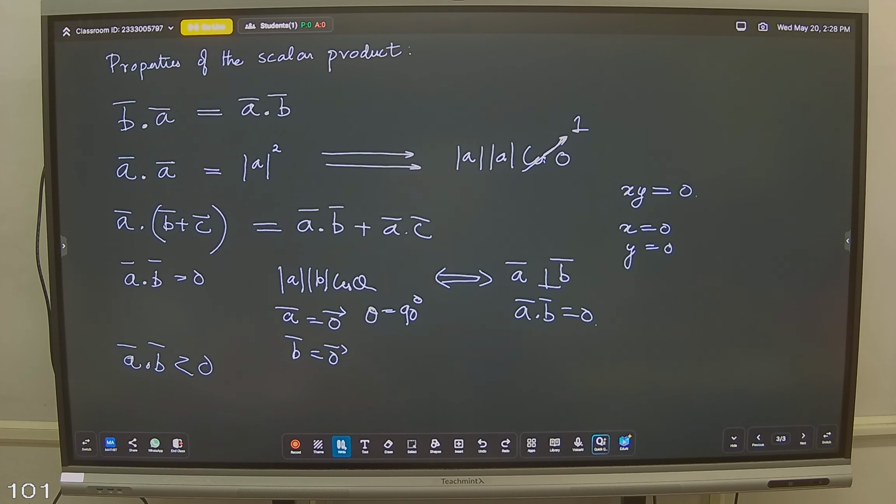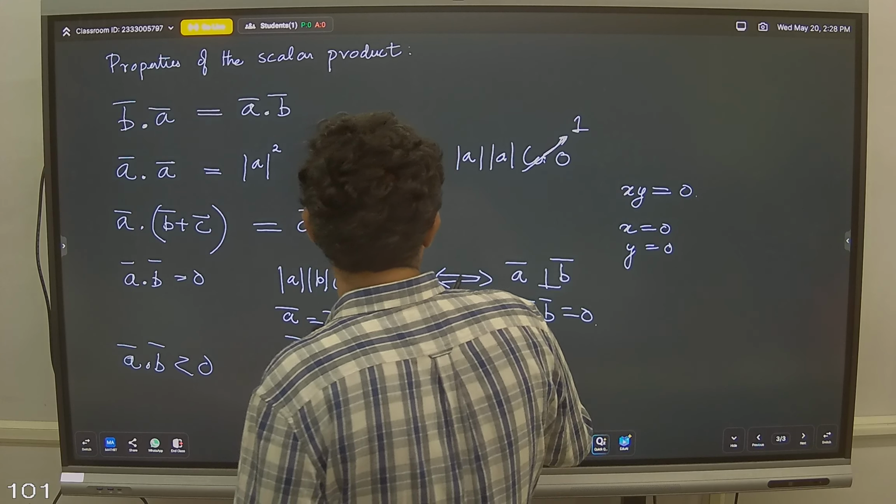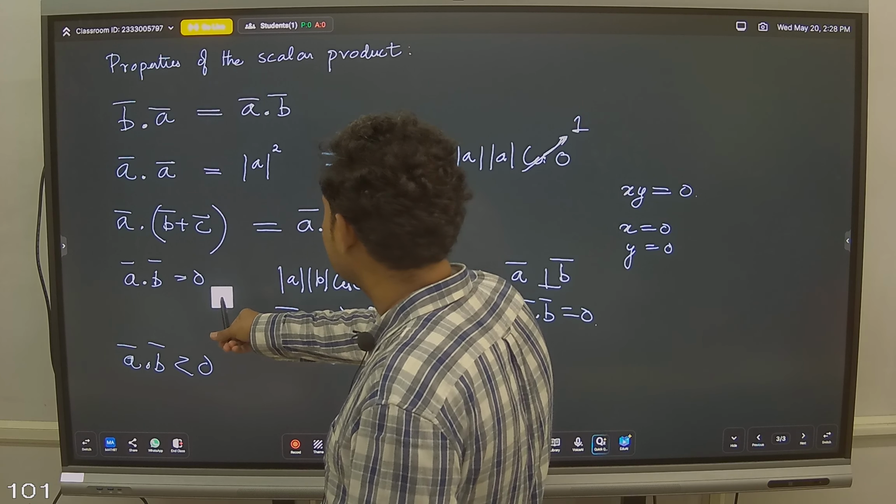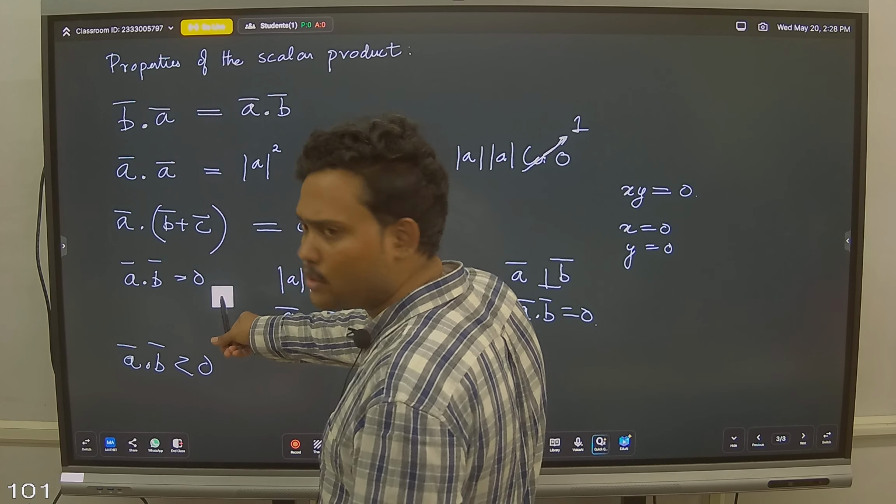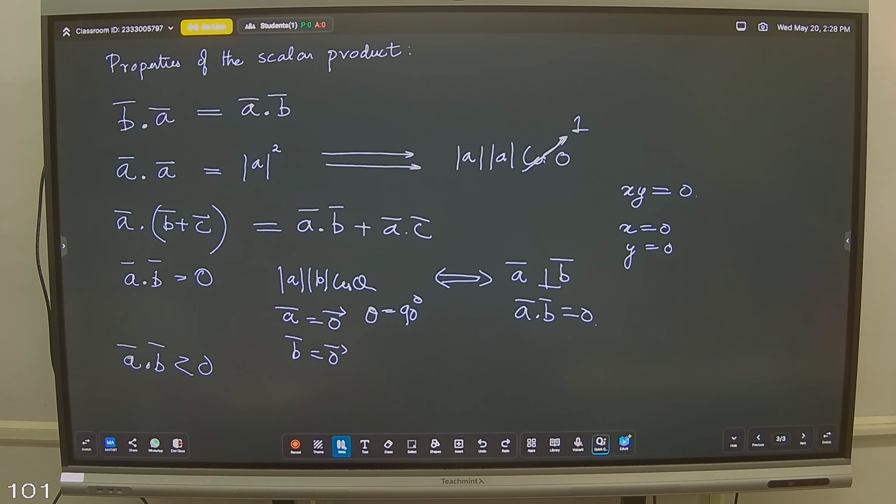Yes, A dot B will be negative, but theta is greater than pi by 2. What can you say if A dot B is less than 0? It means theta is greater than 90.